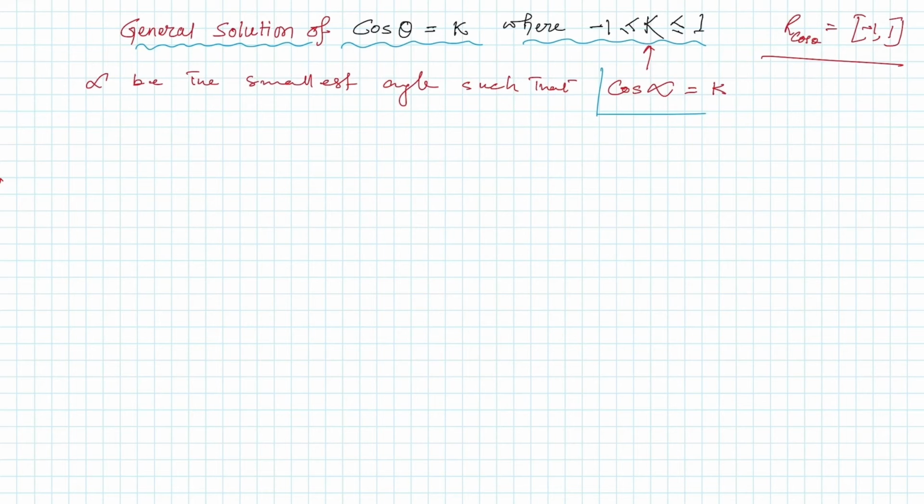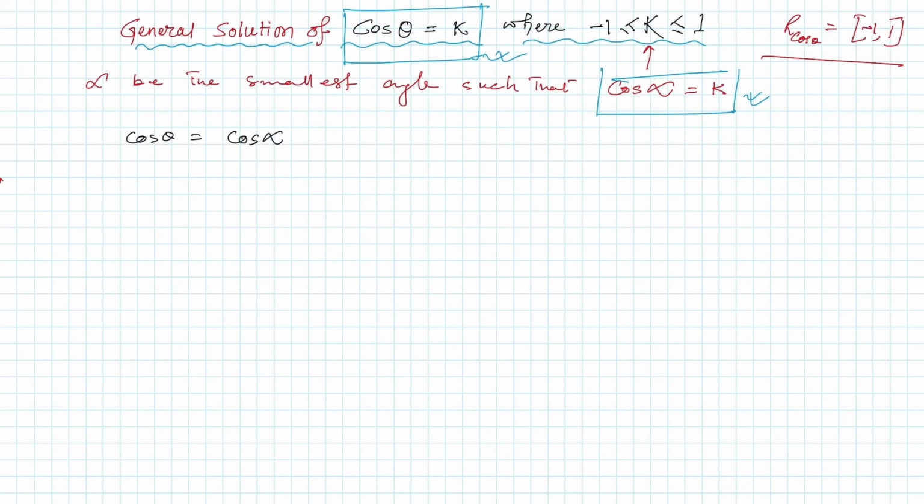Now let us compare these two equations: cos alpha is equal to k, and cos theta is equal to k. Comparing these two, we can write that cos theta is equal to cos alpha.